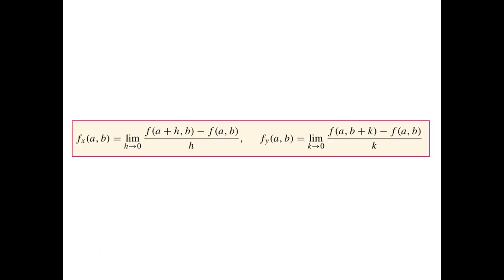I haven't told you what that is, but I'll tell you. It's the partial derivative of this function with respect to the first variable, x, when x is equal to a and y is equal to b. So it's how that function is changing with respect to x.